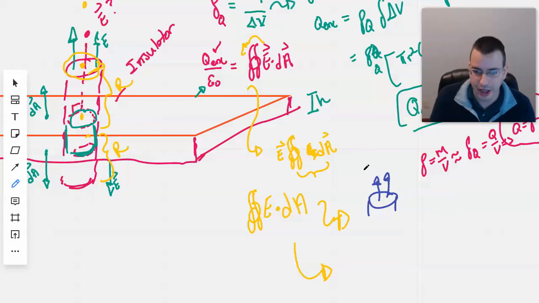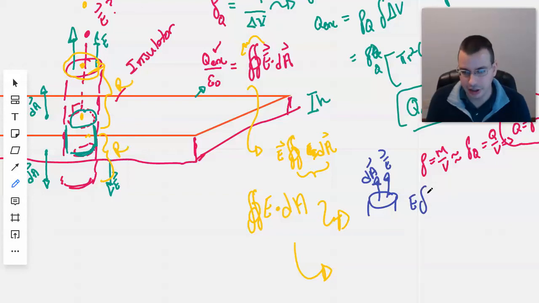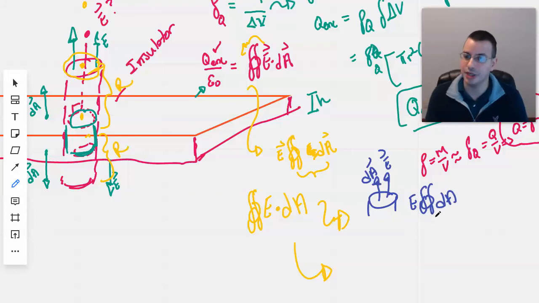We have dA going up, and we have the electric field going up. So the dot product between the two will equal 1 times E times A. This gives us the electric field times the surface integral of dA.